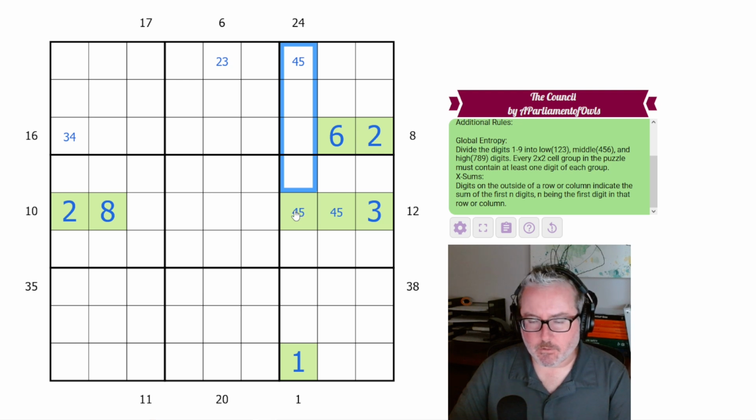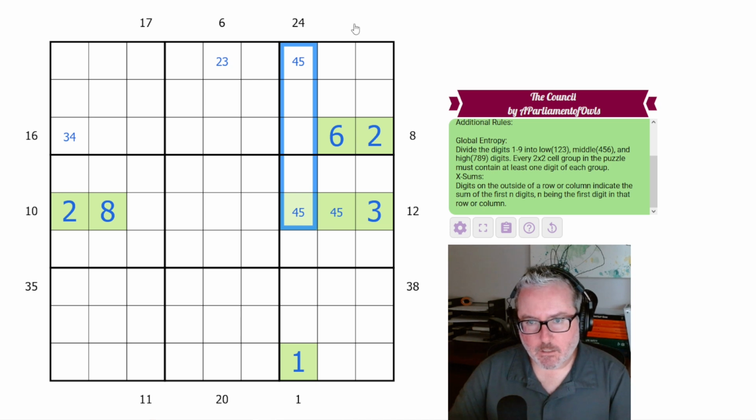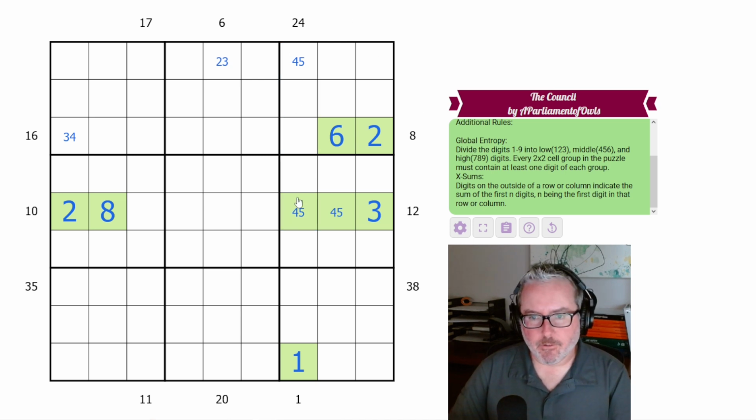There's most certainly ways that could work. If this is a 5, it includes all of these. And then we have 3 digits that have to add up to 20. And we can't, well, the 1 doesn't really matter, but I'm wondering if we'll probably get further on this one if we start looking elsewhere.